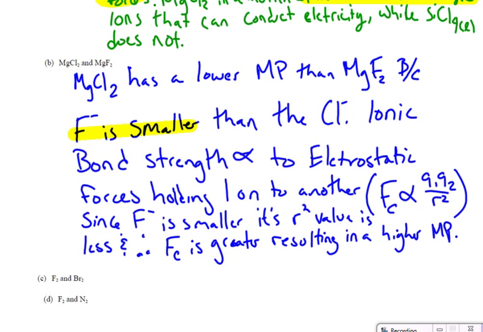And 1 point for pointing out that because it is smaller, the distance between the two ions is less and the bond is stronger, and therefore you have a higher melting point. You could have gone about saying that in many different ways. I like this formula personally, just because it sums up all you need to know, and it's a great explanation. It's easy to get all of that out.